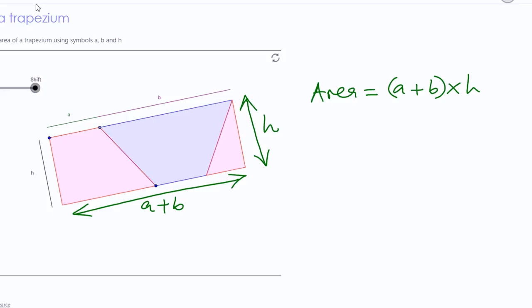These are two trapeziums. So what we need to do is we can divide this by 2 to find the area of one trapezium. All right. So area of a trapezium will be A plus B multiplied by height divided by 2. Because if you just multiplied H multiplied by A plus B, you'll end up with the area of two trapezium. But we just want the area of one.